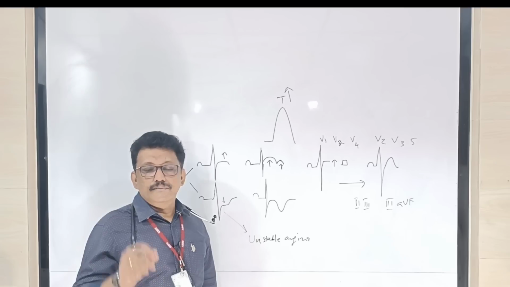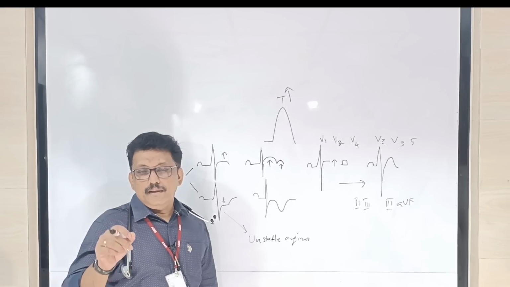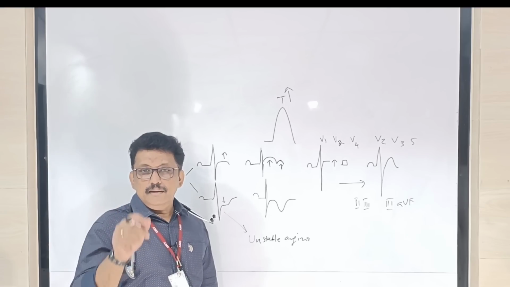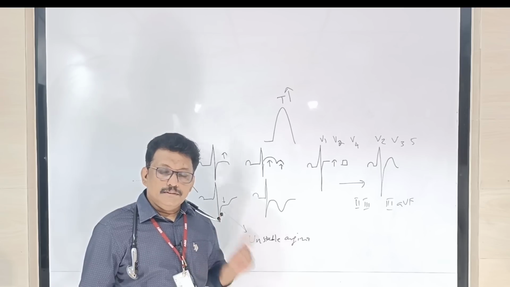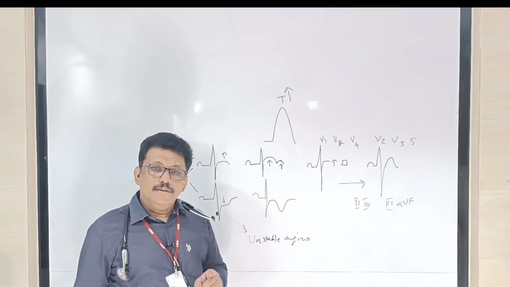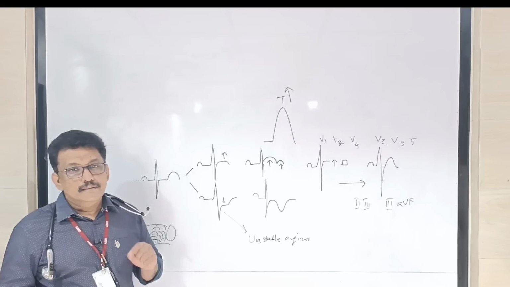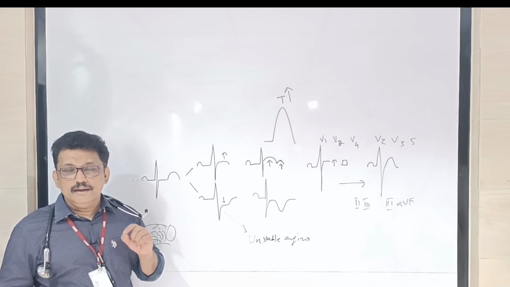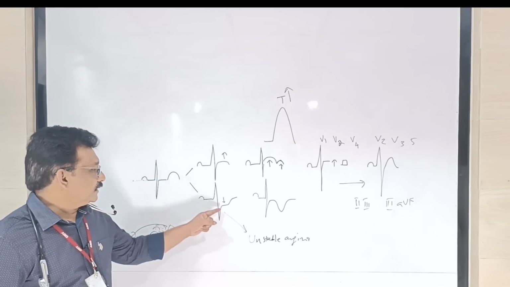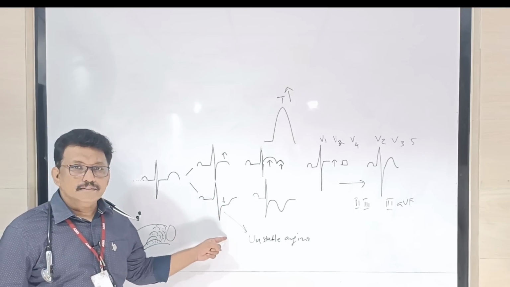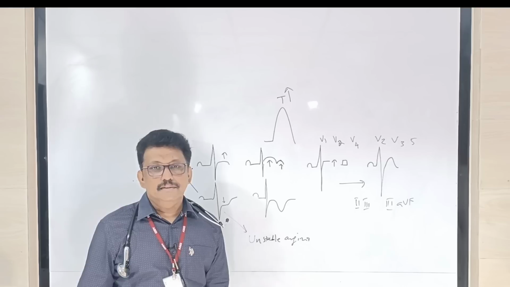So ST elevation with chest pain with elevation in troponin or CKMB, it is acute ST elevation MI. Chest pain, ST is not elevated, deeply inverted T waves, there is elevation in the cardiac enzymes, that is non-ST elevation myocardial infarction. If the patient is having ST depression, T wave inversion, cardiac enzymes are not elevated, severe chest pain, then it is unstable angina.